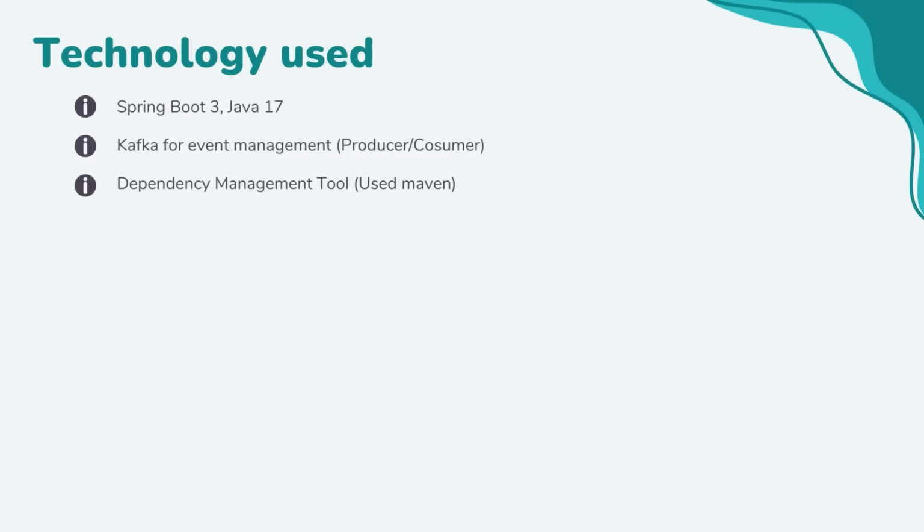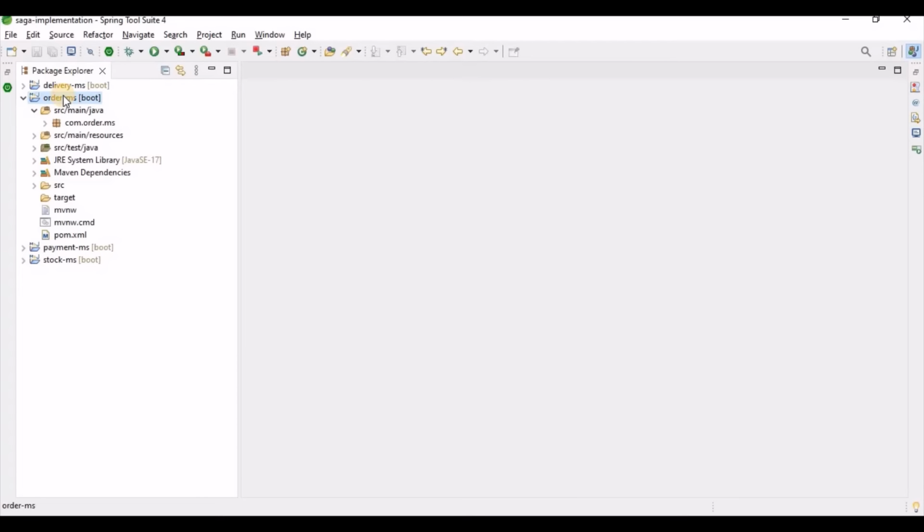Okay, for creating these microservices, I have already created the structure for all four: order, payment, stock, and delivery. The project can be created from Spring Initializr. You can easily create those projects, you just need to select a few things there: the dependency tool, the Java version, and what kind of dependencies you need.